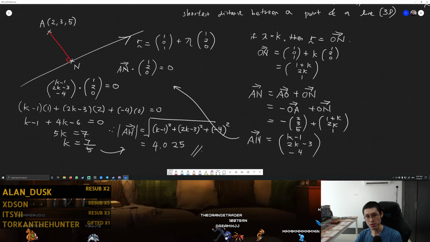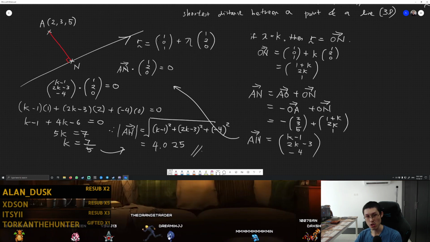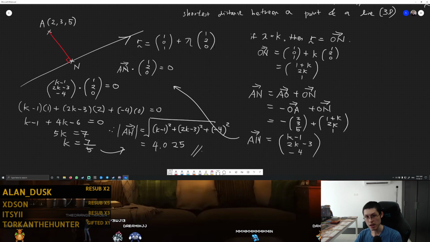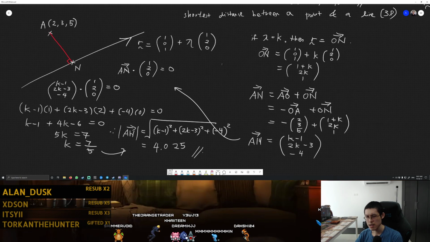You don't dot it with this guy here. You dot it with the direction vector, not the position vector. That is the important part that students tend to mess up. Sometimes they take the whole thing and dot it with this, and you get an unknown with lambda in it. That's not what you're supposed to do.